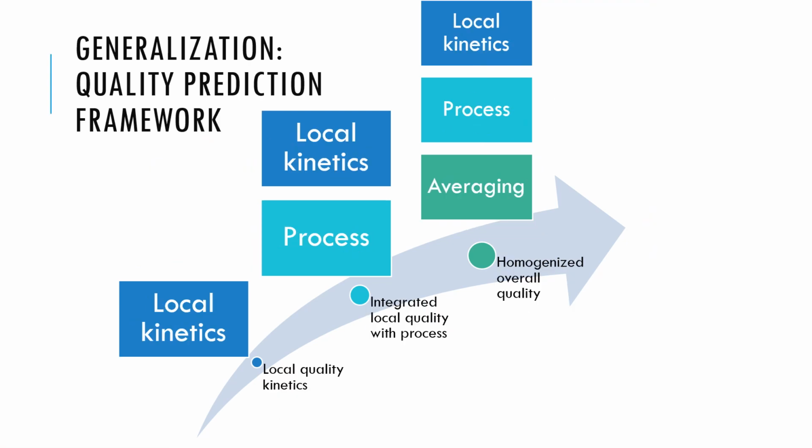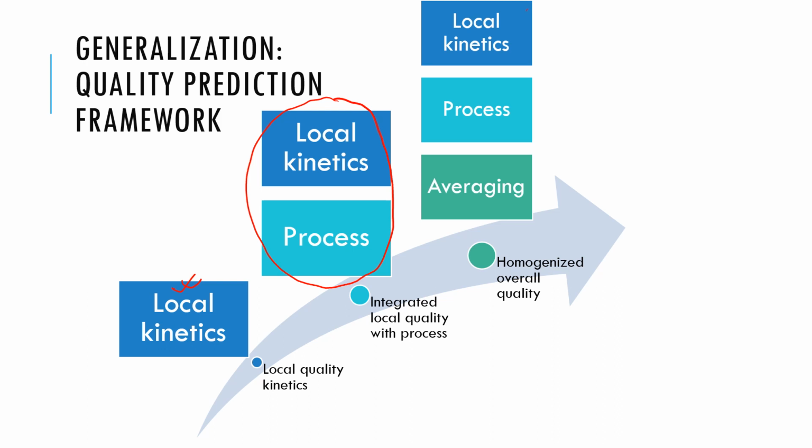Generalizing to many quality parameters and building a framework, this quality prediction framework involves obtaining some kinetic information for the quality parameter that can be a function of process variables like temperature and moisture. Then we combine that with process variables that can come from the description of process physics, like temperature and moisture coming from, let's say, a heat transfer or moisture transfer model.